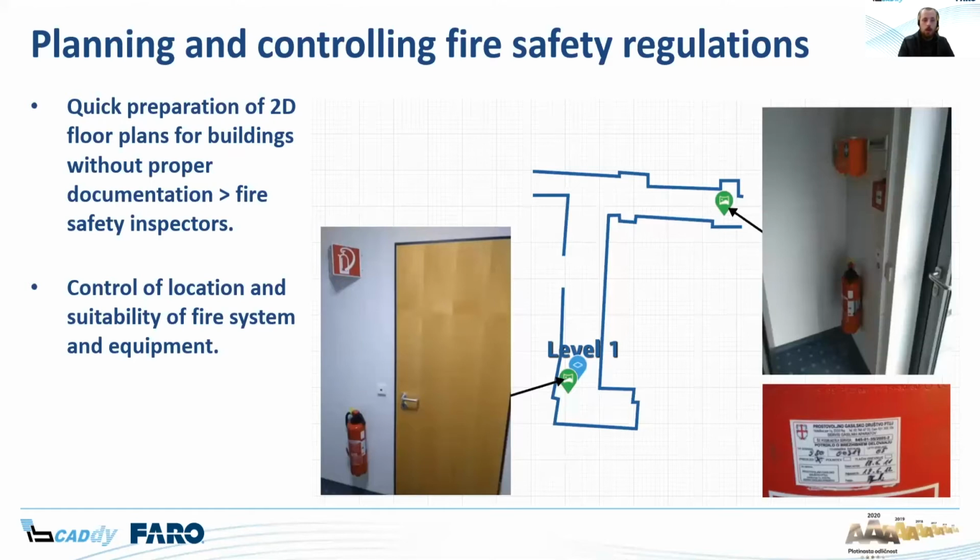Maybe you can control the location and suitability of fire systems and equipment. We can see here in the pictures the locations of the fire extinguishers, and even the label on the extinguisher, whether it's okay, out of date, or needs to be replaced. So a lot of new applications.